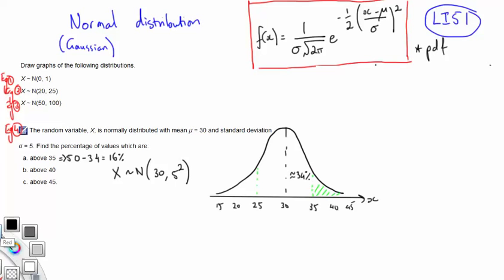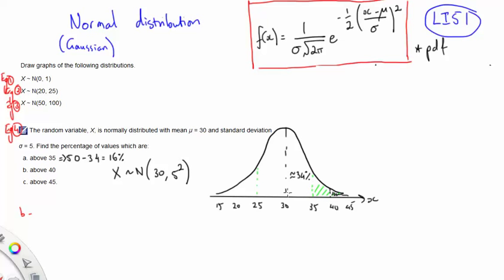Okay, let's have a look at part B. So above 40. Okay, well, how are we going to do that? How are we going to find what goes above 40? Well, let's see. So that's 2 standard deviations.